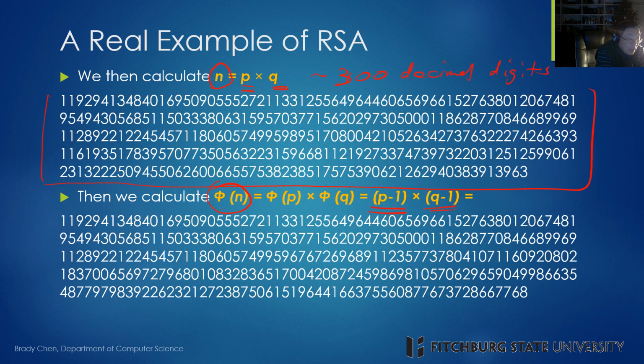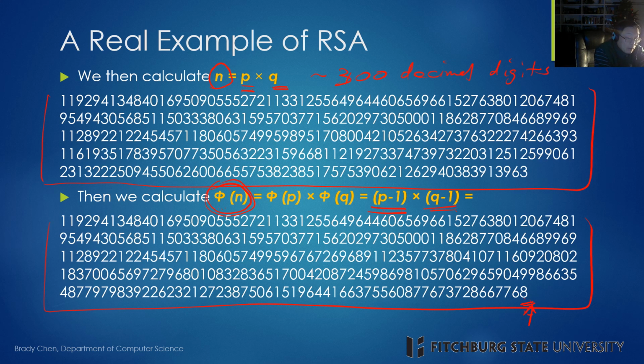Since p is a prime number, which is odd, p minus 1 must be an even number, and also q minus 1 must be an even number. So that's an even number. If you look at the digit at the ones position, that's 8. So not surprising. Okay. Now that's the phi of n.